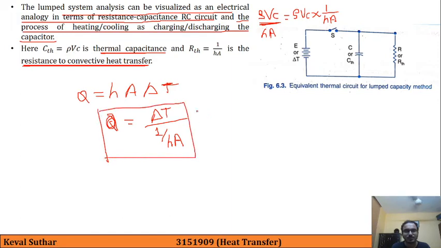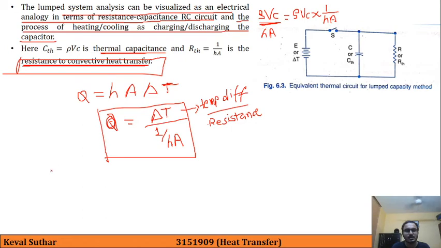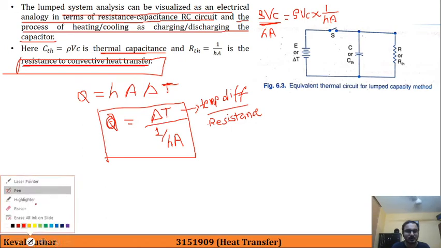Based on this formula, this is the temperature difference, and here we have the resistance. As this is the formula for convection heat transfer, we get this as thermal resistance, which is convective resistance. That's why 1 upon hA is resistance to convective heat transfer.